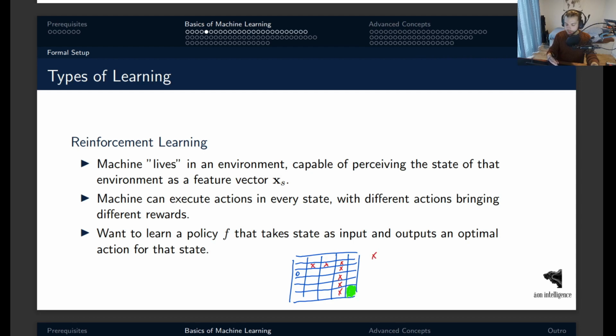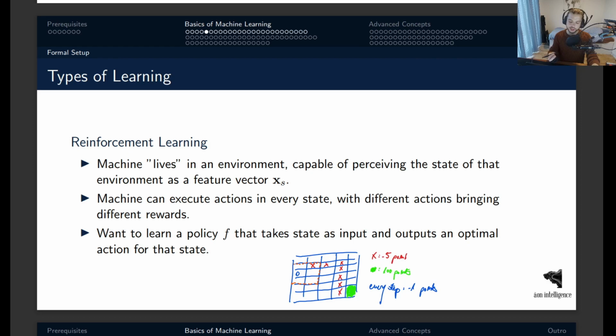So X's give 5 points of penalty, minus 5 points, and green fields award 100 points. And every step costs 1 point.